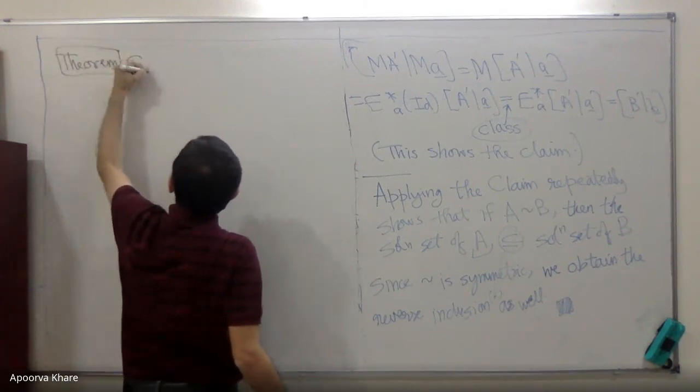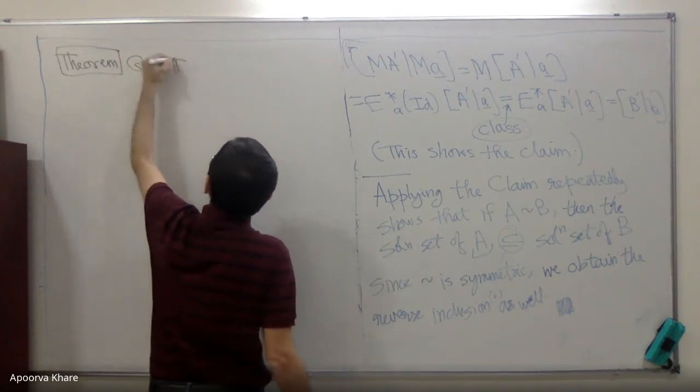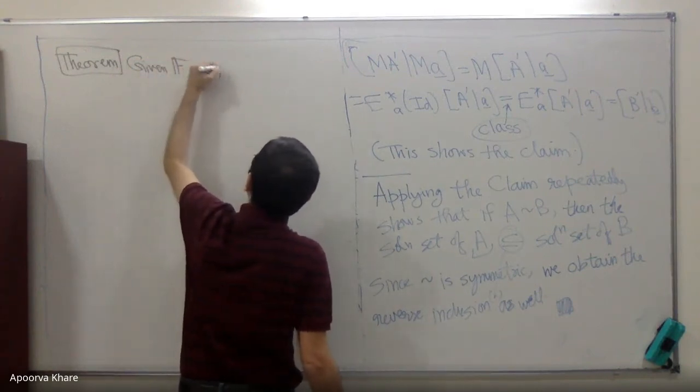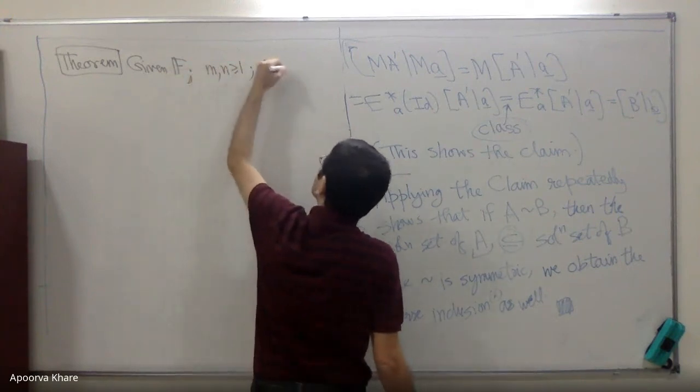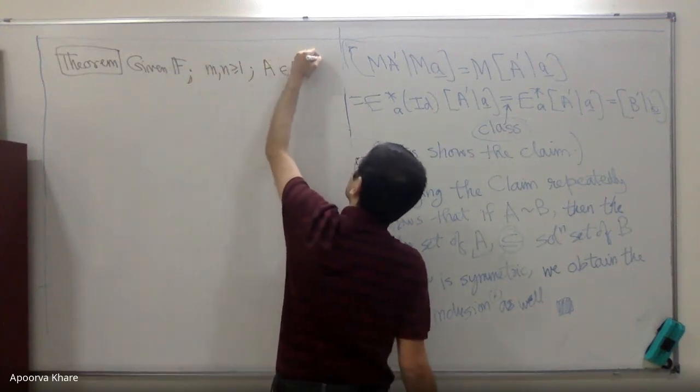Given the field F and integers m and n bigger or equal to 1, and the matrix A in F to the m cross n.